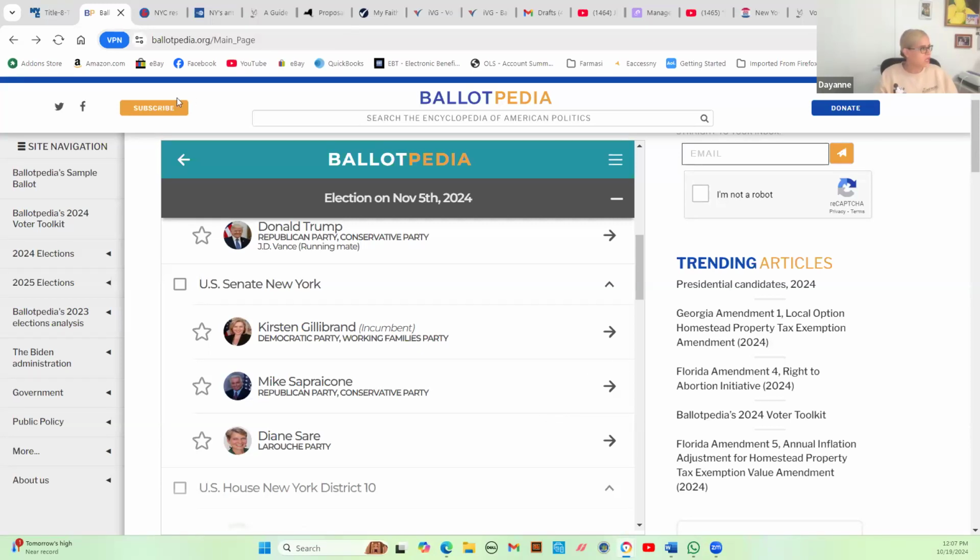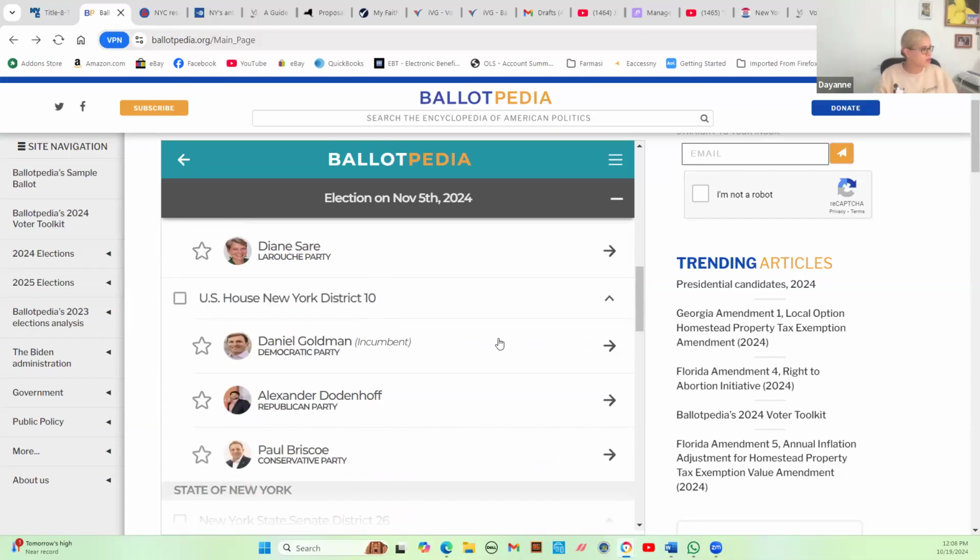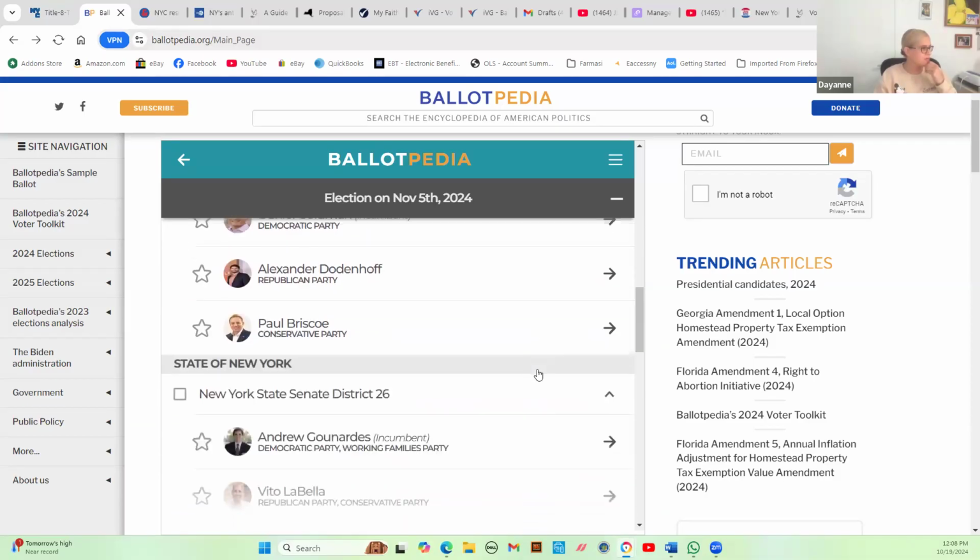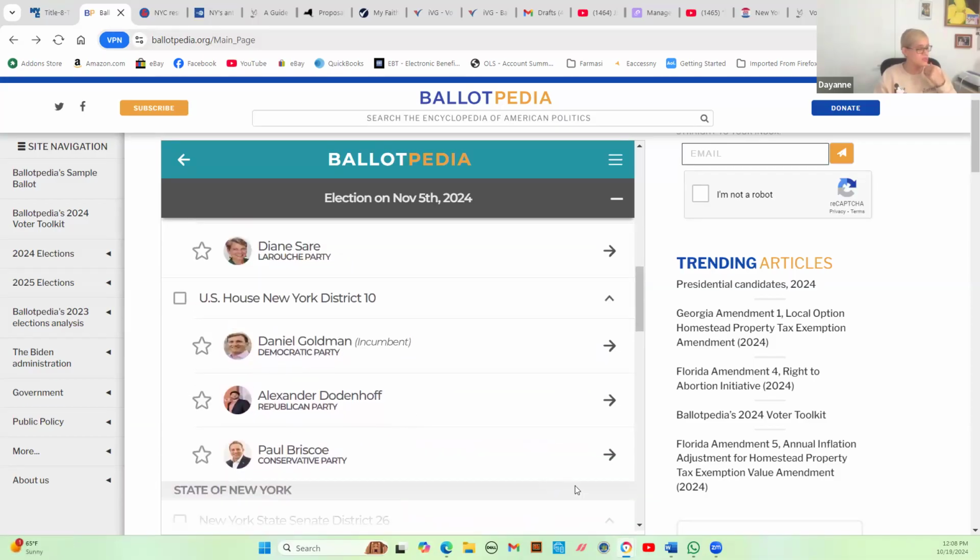So let's go down here now. U.S. House, New York District. I did more homework on this more than anything else because I feel on a local level it can have an effect, right? So Daniel Goleman is the incumbent. He's running for re-election. And then you have these three individuals that are wanting to get into this race for the Congress who can represent the New York district, okay, for the House.